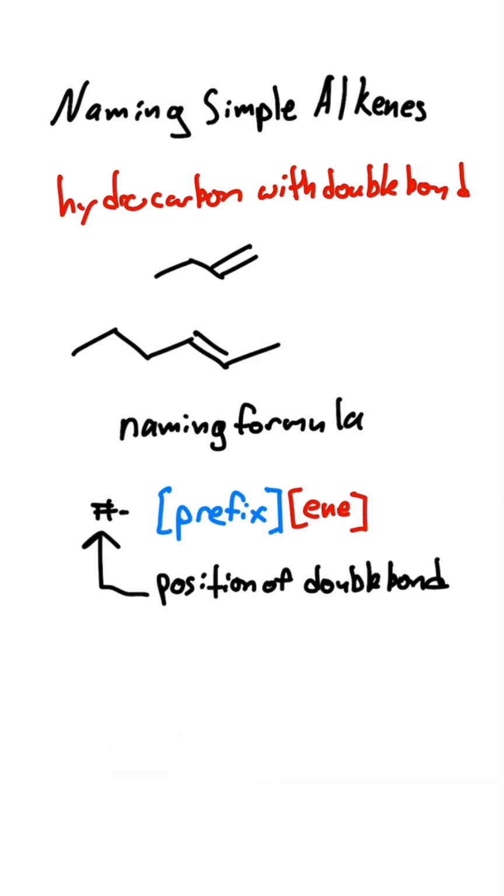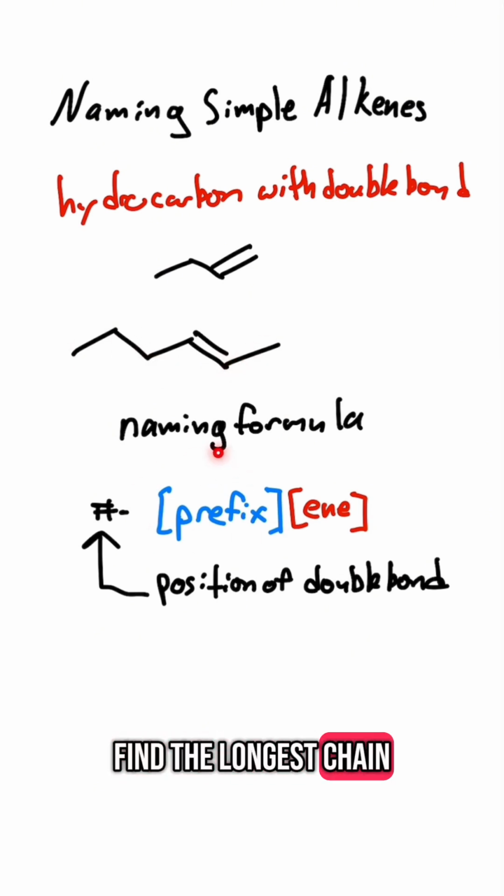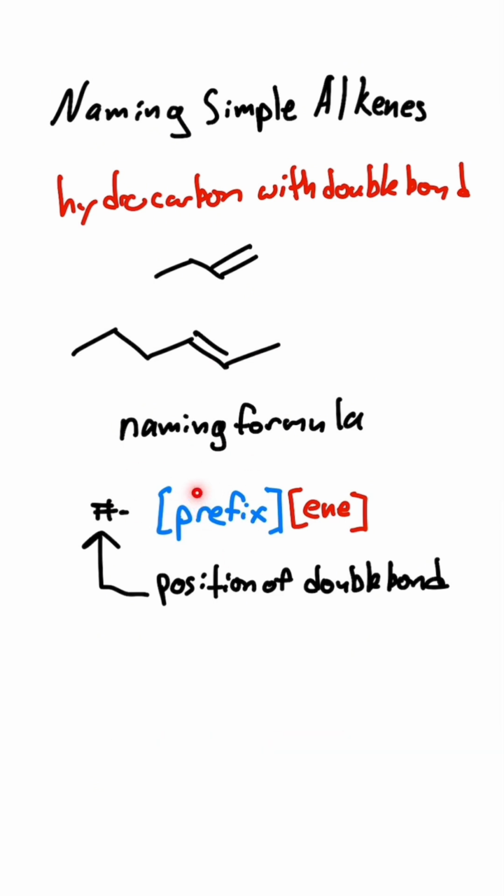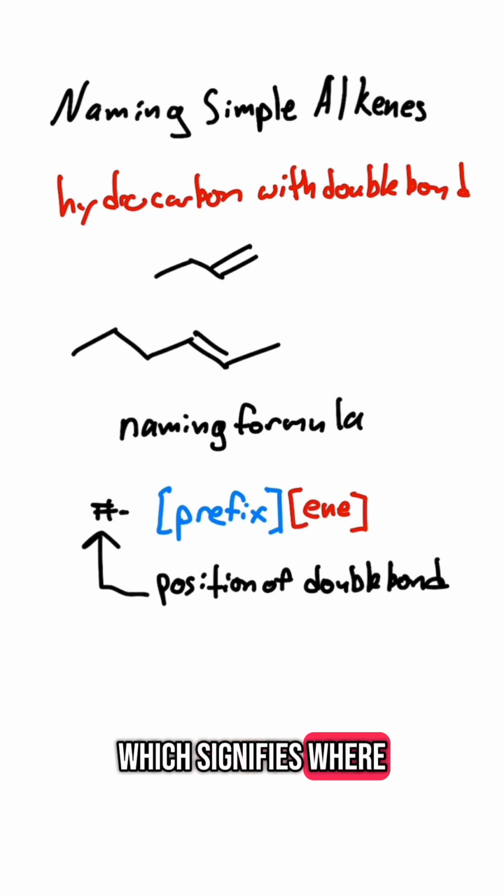And for the naming, if you know how to name your alkanes, you're going to be really good at naming your alkenes. So the long way is, first off, you find the longest chain, take the prefix, which is the number of carbons in the longest chain, and then you add the ending "ene." And importantly, we put a number in front of it, which signifies where that double bond is.